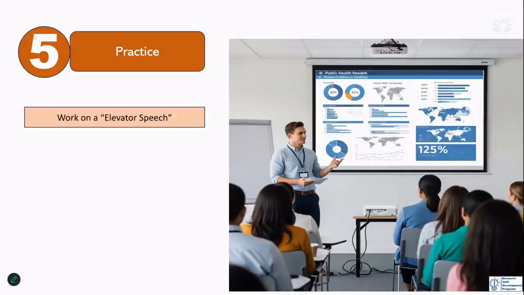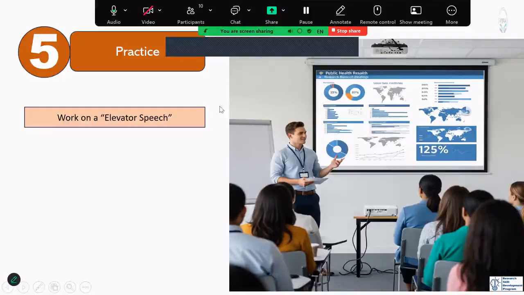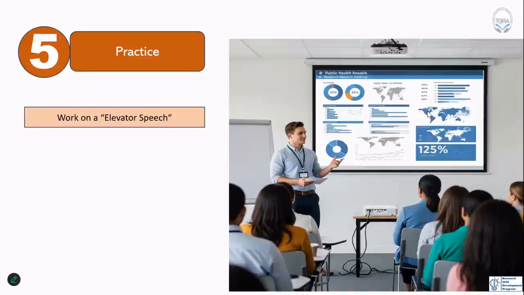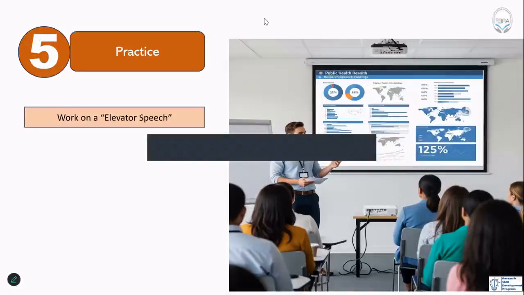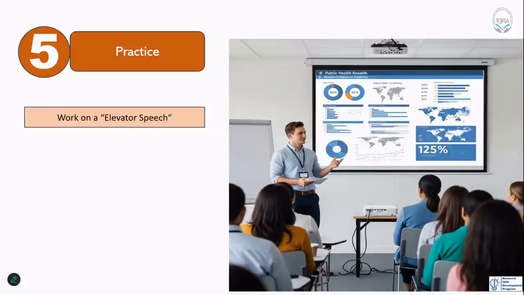First, write 3 words which will define your research. Only 3 words. That's number one. Number two is to write 30 words in 3 sentences. One sentence will have 10 words, so 3 sentences will have a total of 30 words.